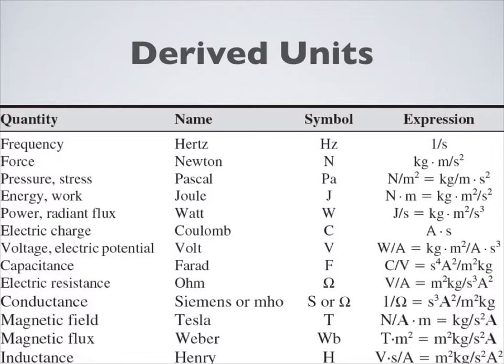And then, in addition to our base units, you also have derived units, and derived units can't be measured directly from the environment. Instead, they have to be mathematically crunched. You have to apply more than one base unit together to get the derived unit that you're using. In chemistry, we will use joules, which are here, pascals.